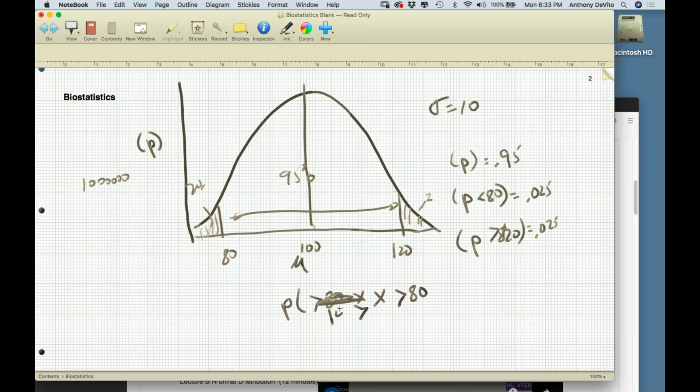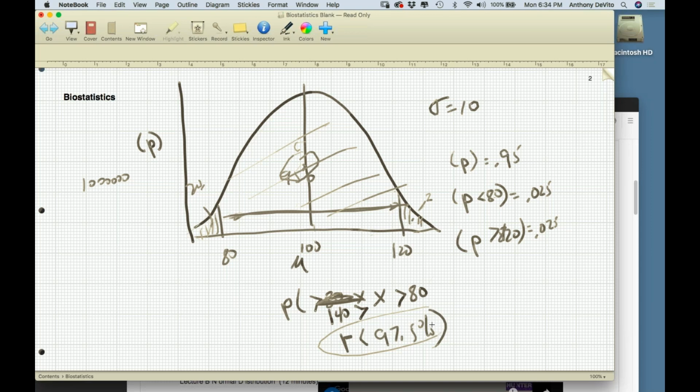Less than, say, 140, to cover the whole distribution. Well, that would cover this entire distribution, right? Which would be 95% plus 2.5%. So that probability is going to be roughly 97.5% that you would select someone in that range.